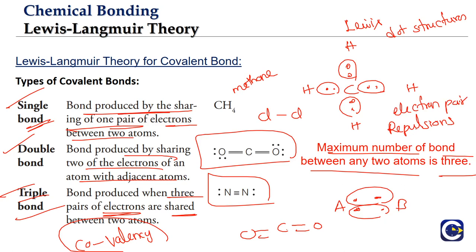If you have three shared pairs, one shared pair is along the x-axis, another along the y-axis, and the third along the z-axis, between two atoms, atom A here and, say, atom B. So the repulsions that exist between these electron pairs will not easily allow another pair of electrons to be shared between the atoms. So this is one of the explanations for why we can only have a maximum of 3 bonds between any two atoms.